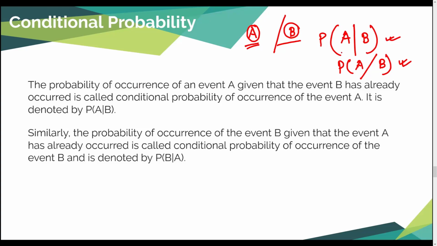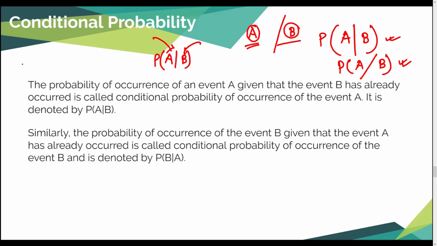The meaning of this symbol P(A|B) is called probability of A given B, right? So we call it probability of A given B, and the meaning is that this event called A only happens if the event called B has already happened, right?